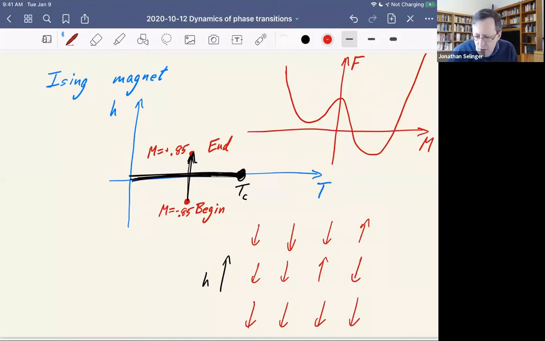So we know that there are two minima because t is less than tc, right? So there's a minimum there and a minimum there. Because the applied field is positive, the absolute minimum is over here. But the material isn't in this state. Instead, it's in this state over there.